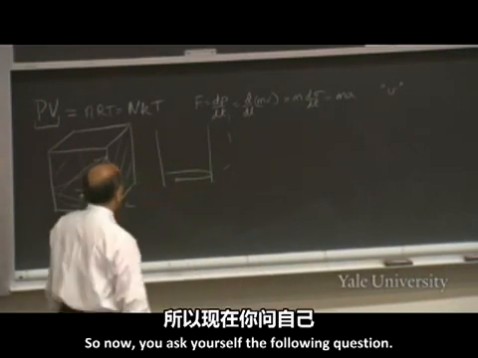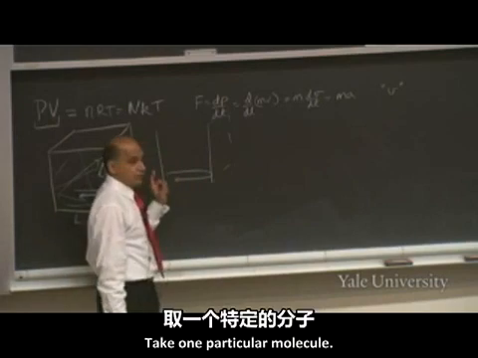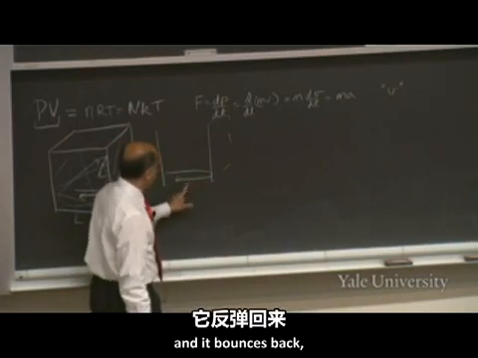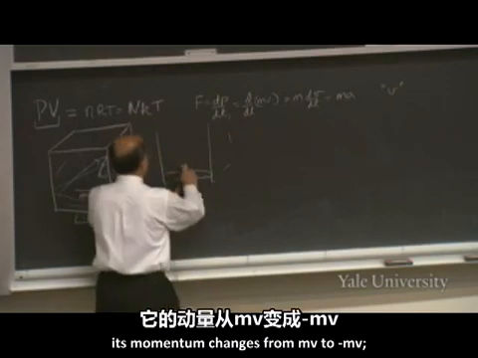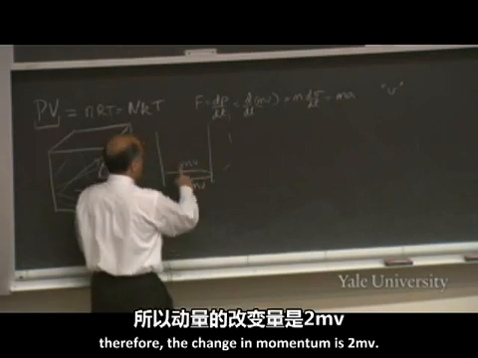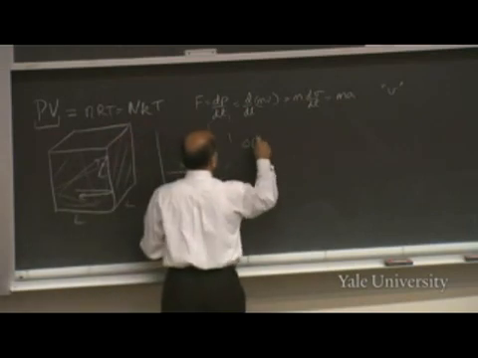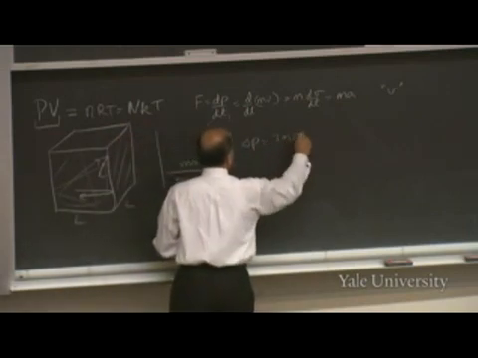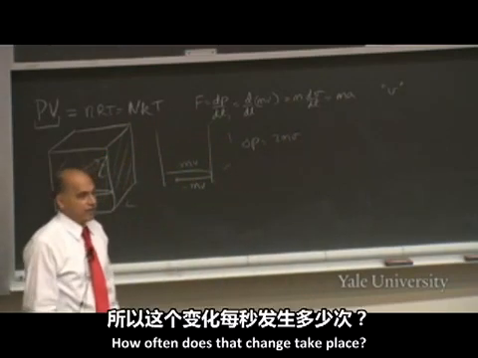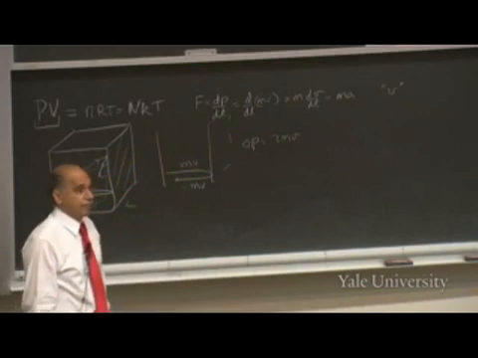So now you ask yourself the following question. Take one particular molecule. When it hits the wall and it bounces back, its momentum changes from mv to minus mv. Therefore, the change in momentum is 2mv. How often does that change take place?